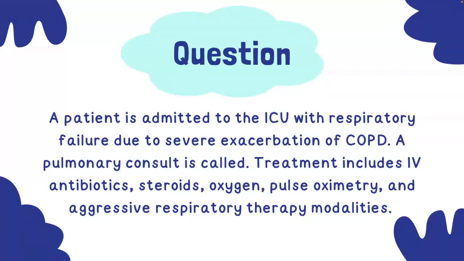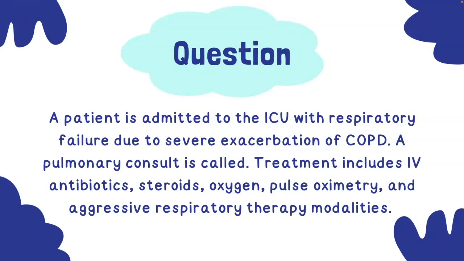One of the things I want to call out here that you may be thinking about is, well, how is respiratory failure treated? How is COPD treated? They basically would be doing the same type of treatment for both of these conditions. They're both respiratory conditions and would get the same regimen: antibiotics, steroids, pulse ox, all of that.